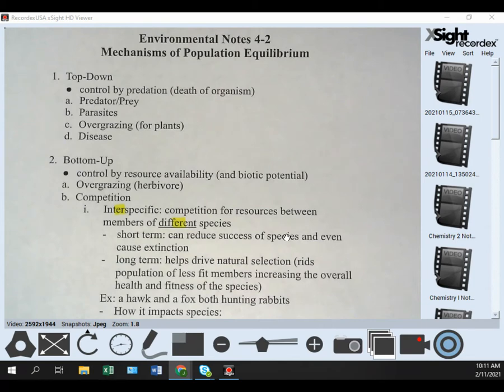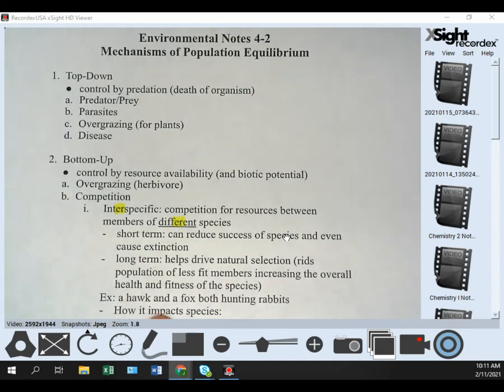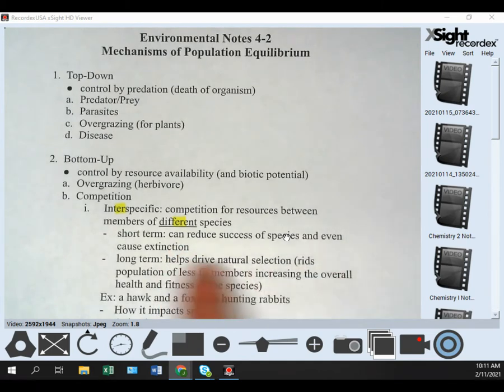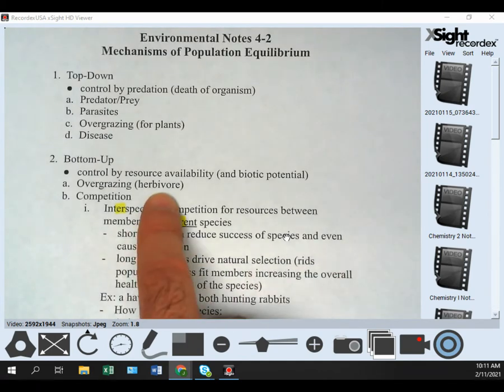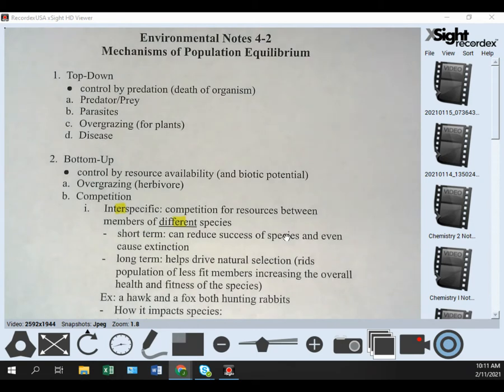So we have overgrazing for an herbivore, because if you wiped out your food, that could cause starvation, but it can also cause a lowering of biotic potential. They're not going to reproduce as much if they don't have as many resources.